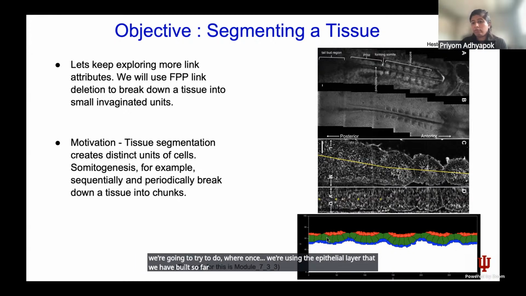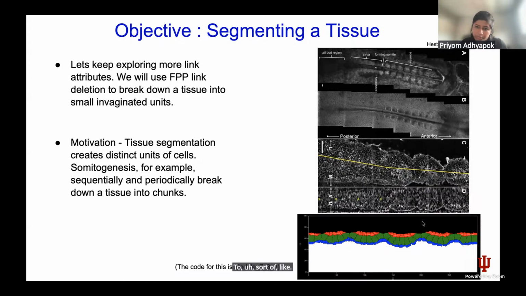We're going to play around with some of these focal point plasticity parameters to break these links at specific times, so that we're able to see multiple folds in the tissue. And so if there are no other questions at this point, I can move on.